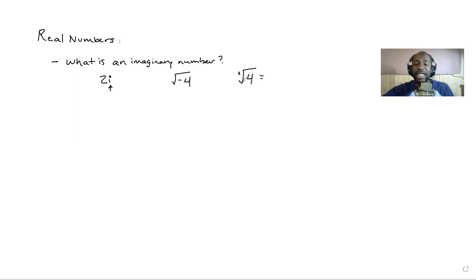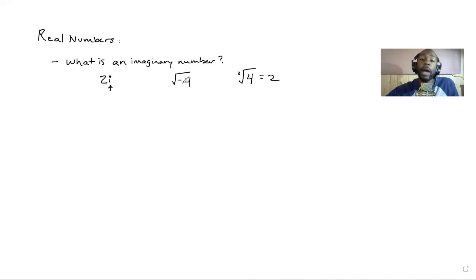And so we know that the square root of 4 is 2. So that means the number that you use to multiply times itself, 2 times 2, gives you 4. So therefore, the square root of 4 is 2.